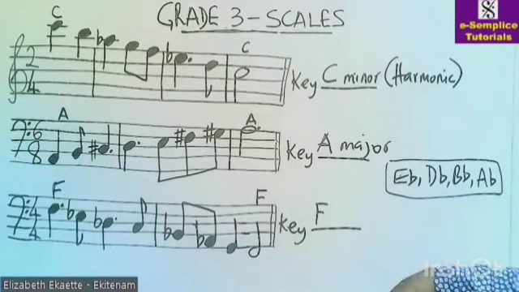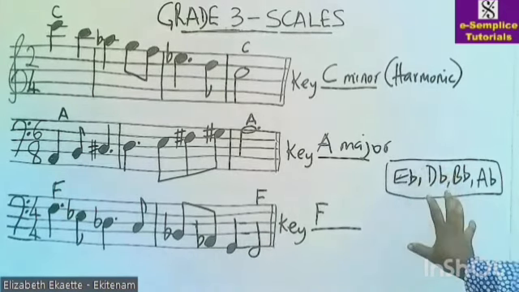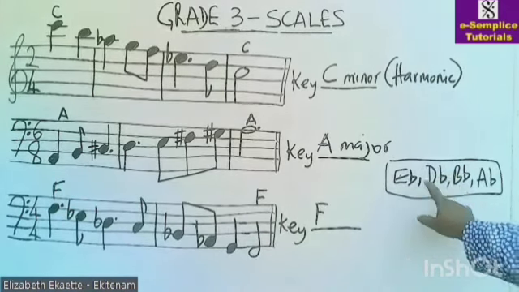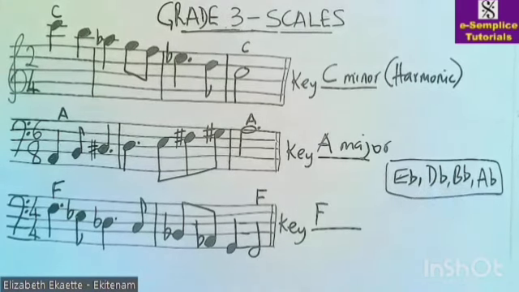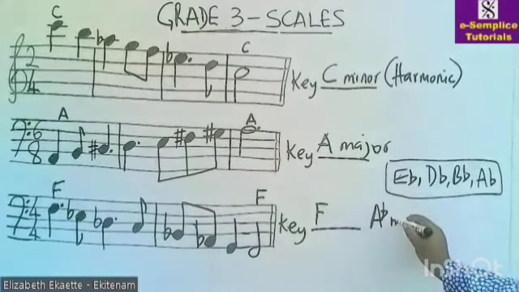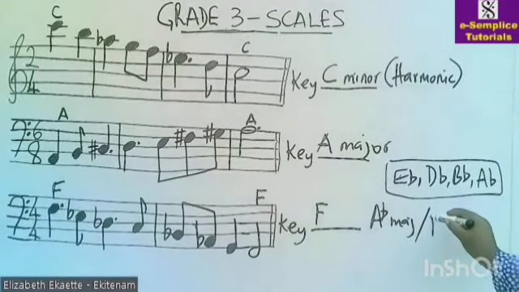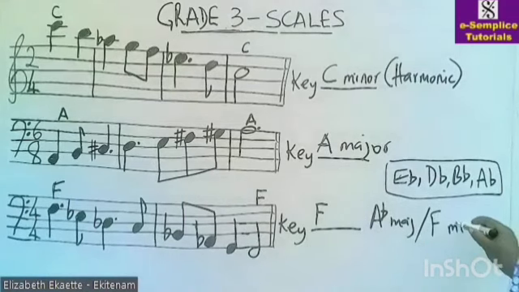Now, let's look at it together. You know from your table that the key that has B, E, A, D flats is A flat major or its relative minor, which is F minor.